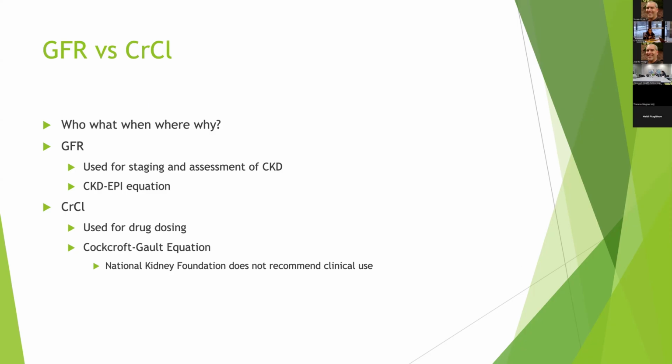And kind of like the statistics, I had to go back and remind myself about what is the difference between GFR and creatinine clearance, and when do we use each of those and what for. So kind of the who, what, when, where, and why. GFR is really used for staging of chronic kidney disease.